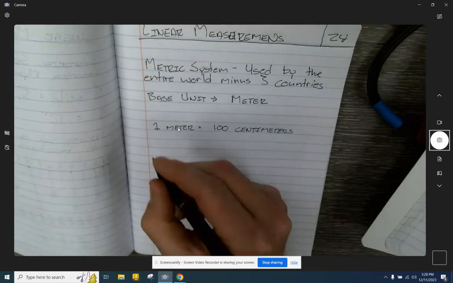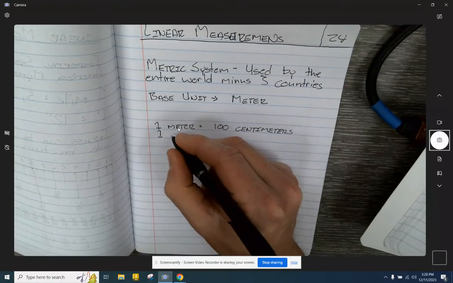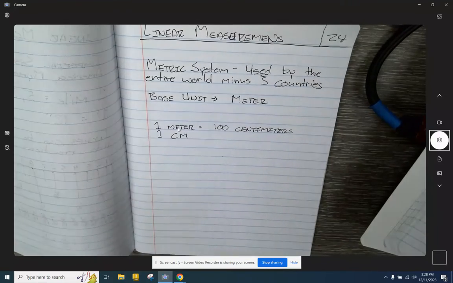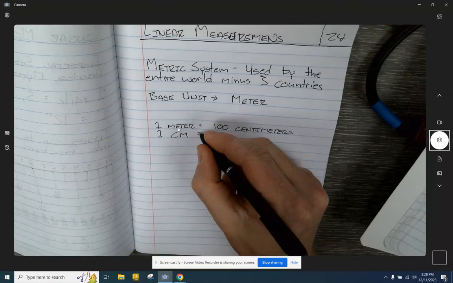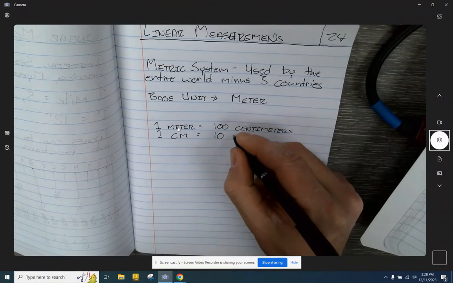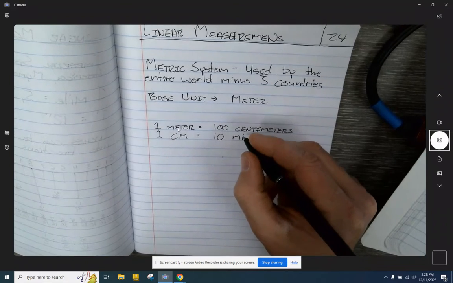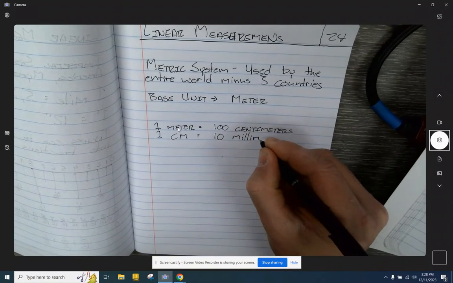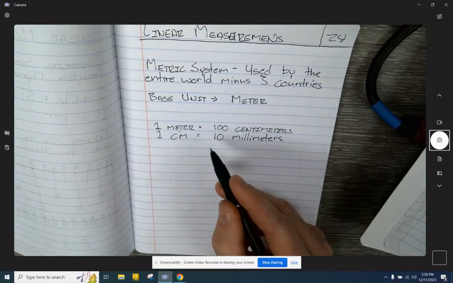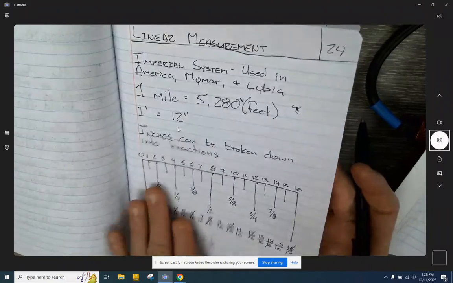Right? A centimeter can get broken down even further. I'm going to use the abbreviation cm. That's the abbreviation for centimeter. A centimeter contains 10 millimeters. And so if we're going to break a centimeter down smaller, we wouldn't break it into fractions like we did yesterday.